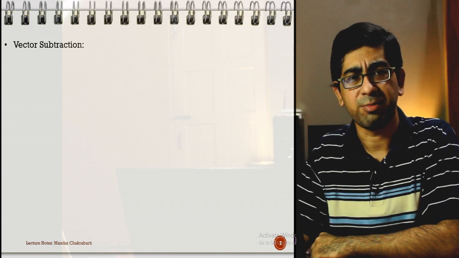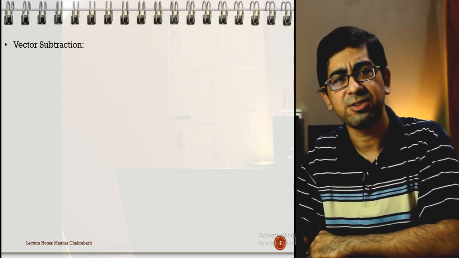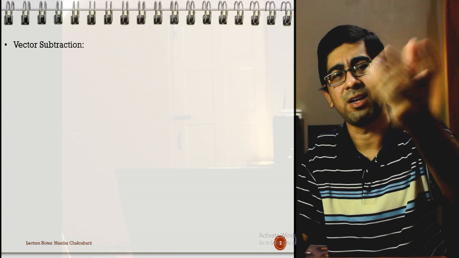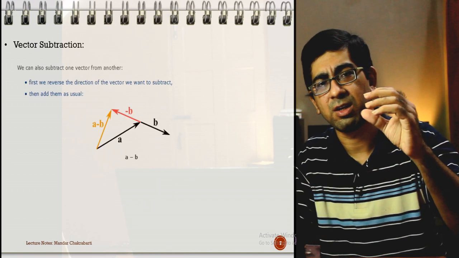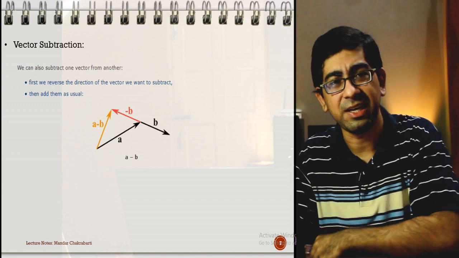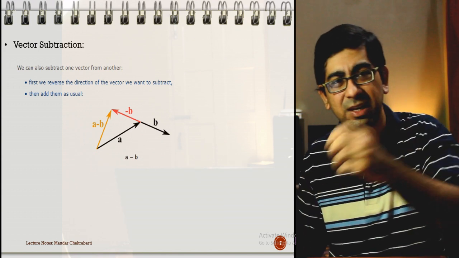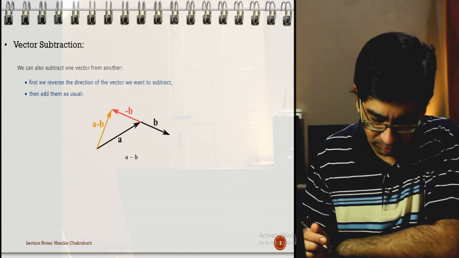Now, vector subtraction. Well, vector subtraction, basically we approach it in a roundabout manner. So vector subtraction is your vector addition of the inverted vector. Let me explain what I'm talking about.